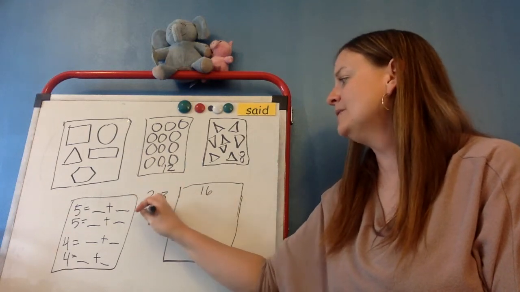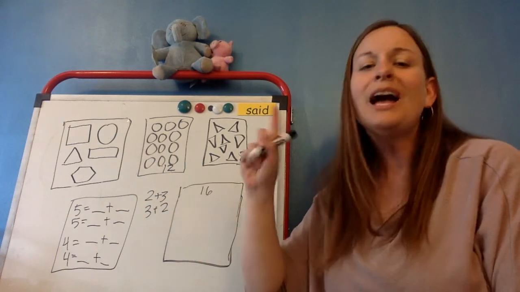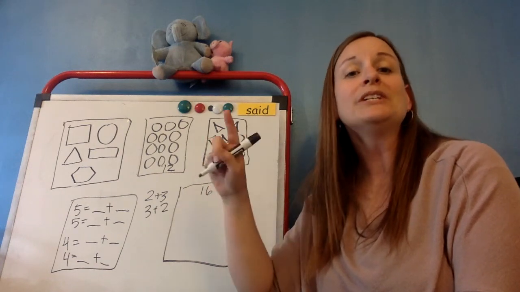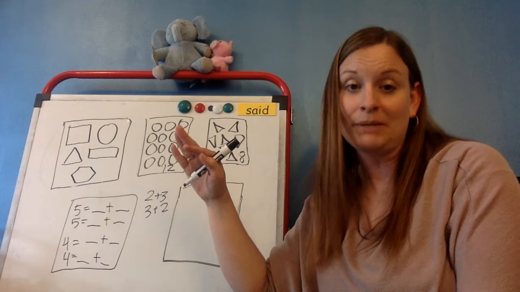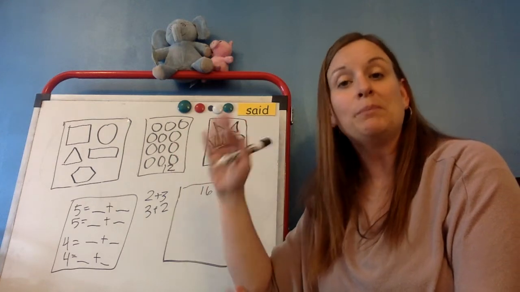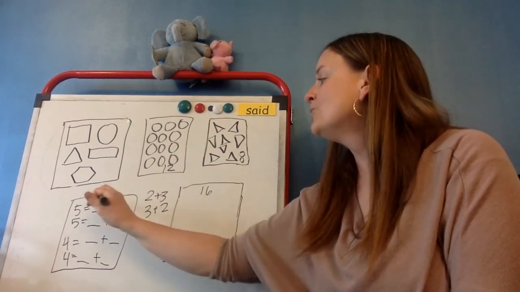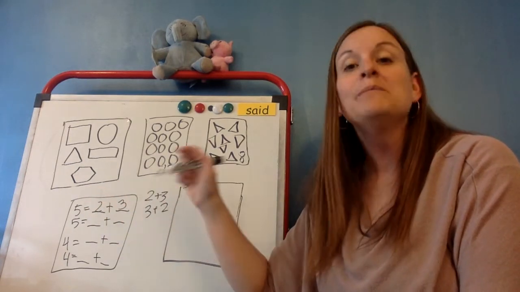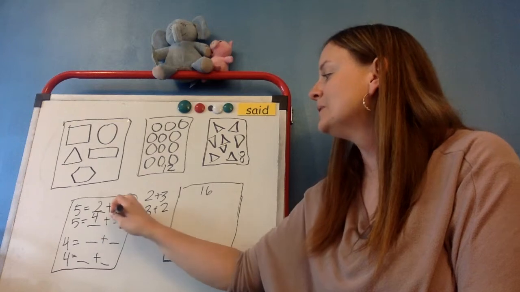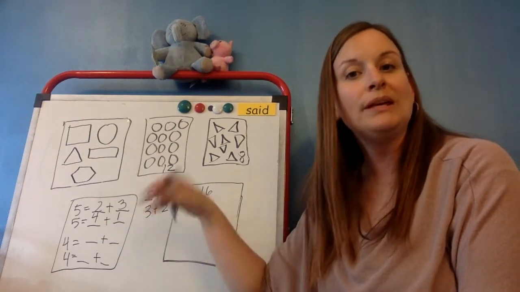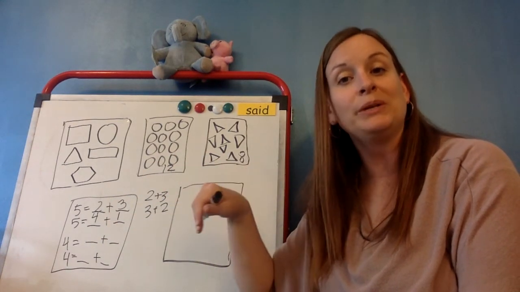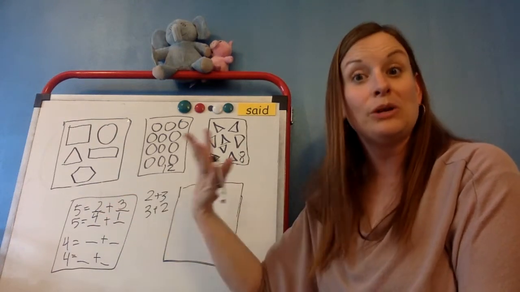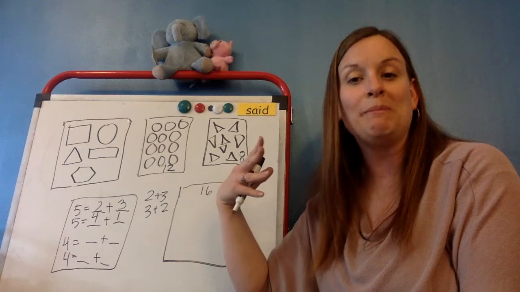But I want you to try to go a little bit better and show me that you understand that completely different numbers make up the partners to make 5. So for example, could you do 2 plus 3 for 1, but then could you do 4 plus 1? Do those both equal 5? They do. And notice they're different numbers, so that shows I even understand it a little bit better.